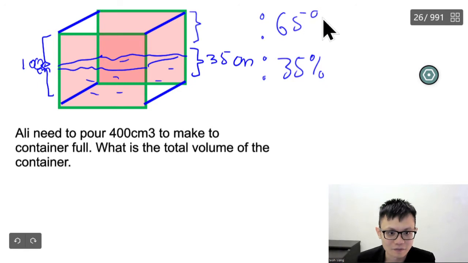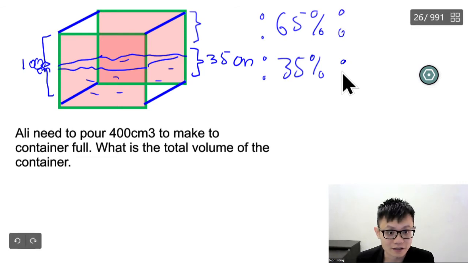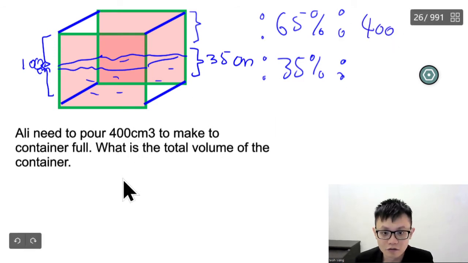Maybe the question will be very weird because I just created the answer and then the question. To put up here is 400 cm. So 65% is 400. So 100% will be x, correct or not?